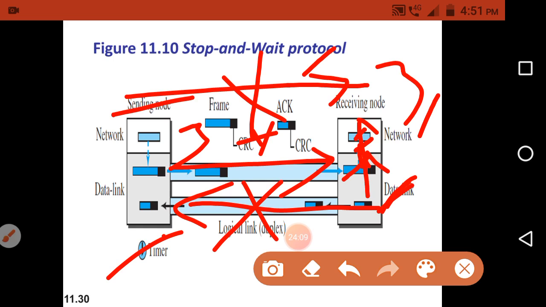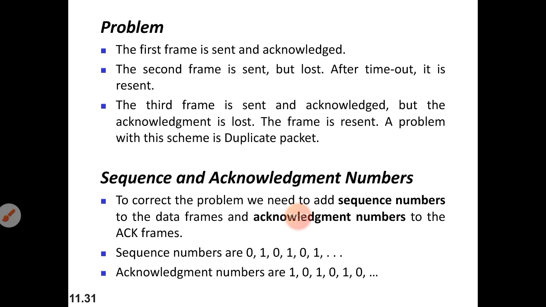So the packet extracted is the third packet again, which means two copies of the same packet are present at the network layer. That is what we call a duplicate packet.